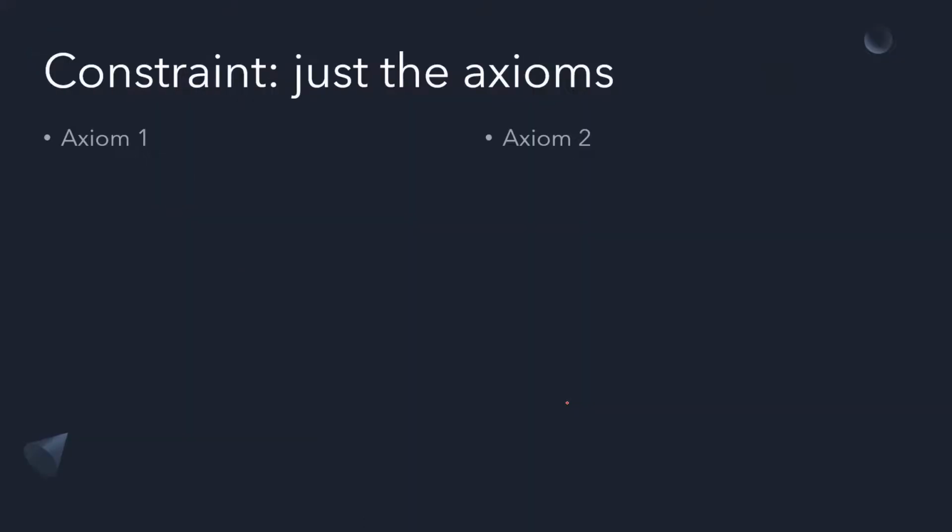We have now one constraint. We may use only the axioms. We are not free to introduce anything else. Note that in usual courses of quantum mechanics, what you do is to write the Schrödinger equation in Cartesian coordinates.